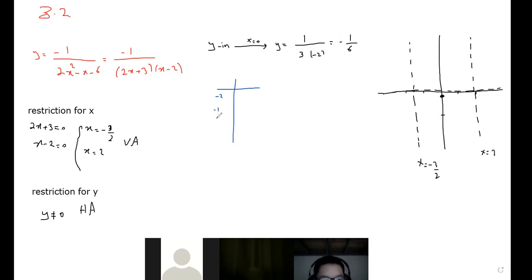I can do 1 here. Let's do that. And then I can do a point there, which is 3, right? So if I put -2 here, I get -1. -2 is going to be -4. It's going to be -1/4.